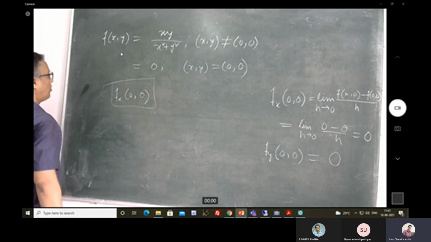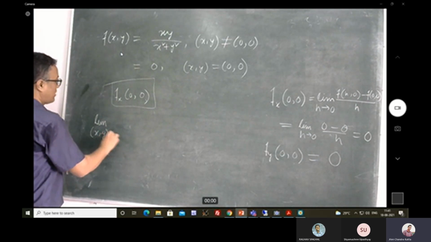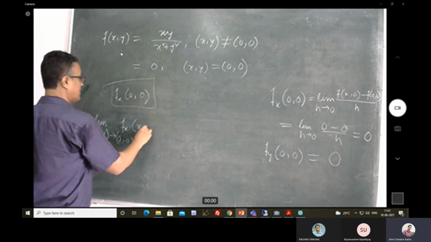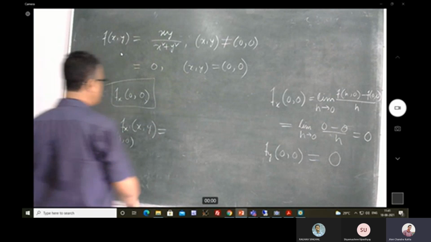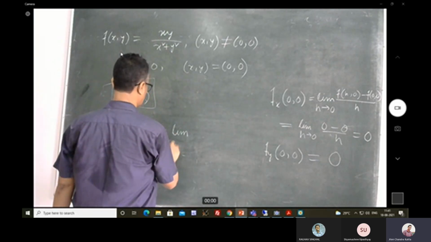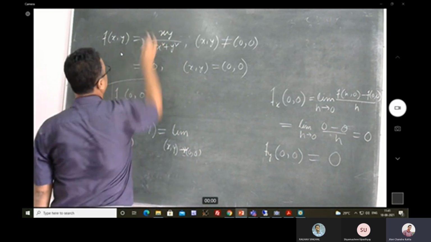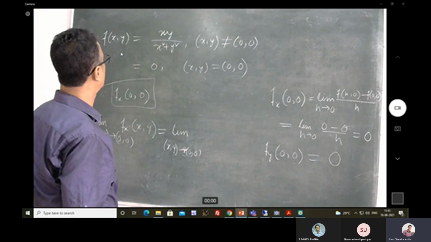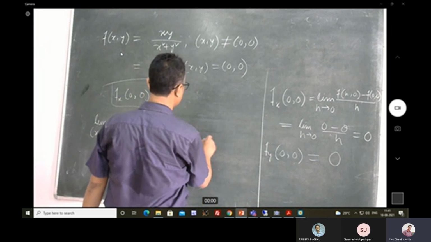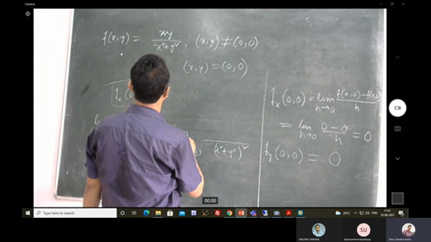Now, if I want to find the limit as (x, y) tends to (0, 0), we will see that, because at other points I'll be able to find the partial derivative. This is going to be x squared plus y squared, whole squared, in the denominator.